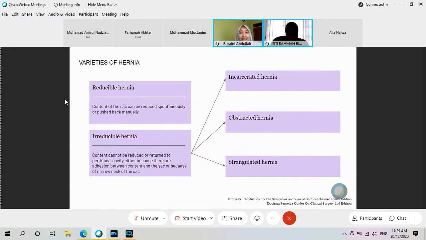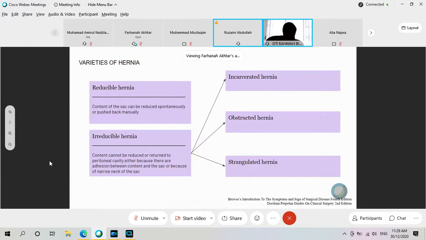Even your diagram is wrong. How do you classify, how do you divide the hernia? It is divided into these two, reducible and irreducible. Any other types of hernia, or any other classification of hernia?